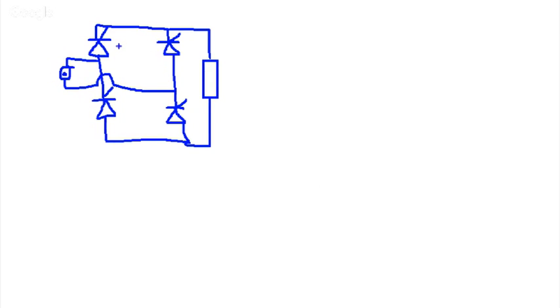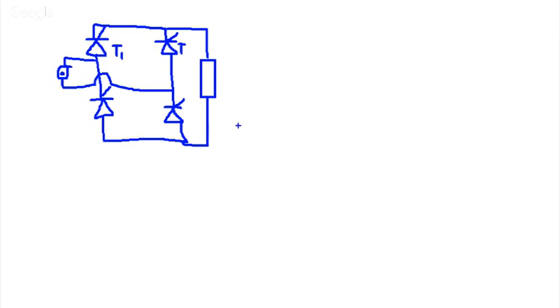So this is the thing, and we will name this thyristor T1, this will be T2, anyway you can just name it. This is your T3 and this is your T4.